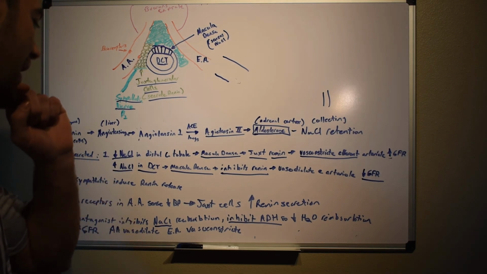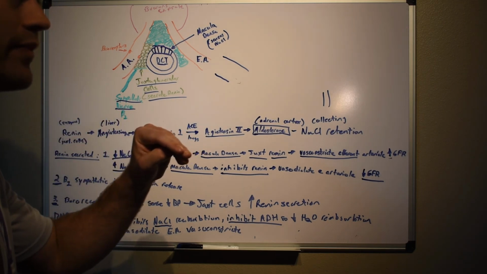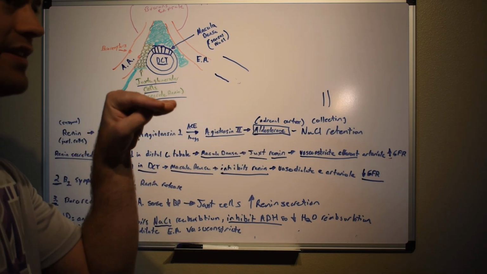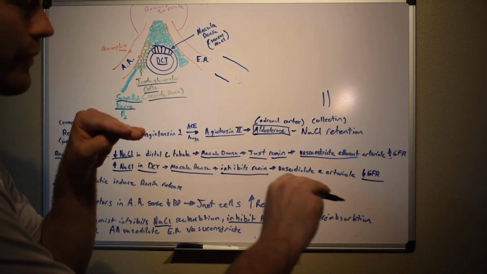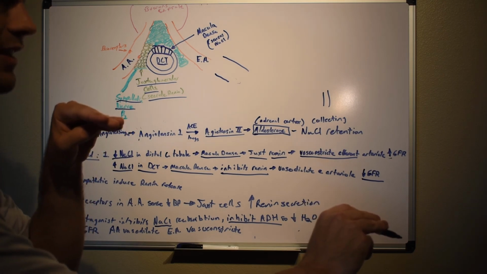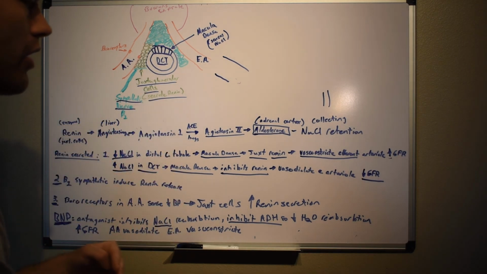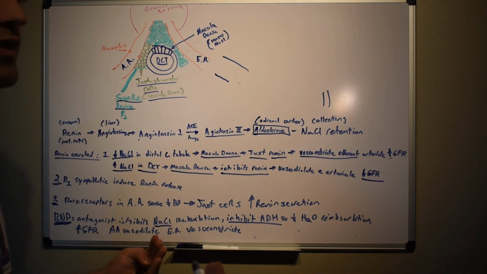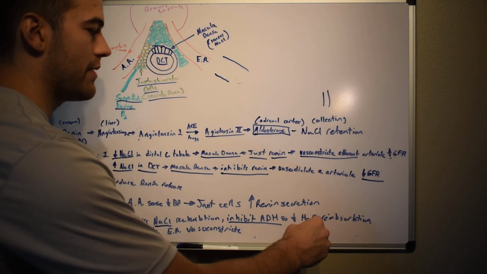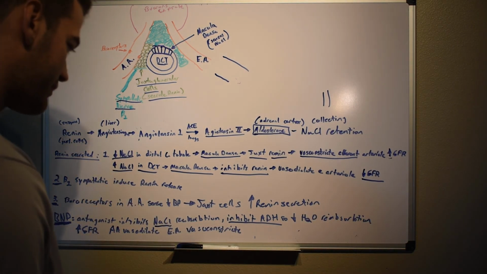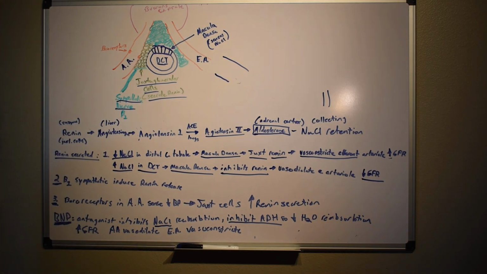So if sodium can't get back into the kidney, it stays in the collecting duct. Water can't get back through to the salty kidney, it stays in the collecting duct. We make a large amount of dilute urine. So we decrease the amount of water reabsorbed, and thus we're going to decrease our blood pressure.